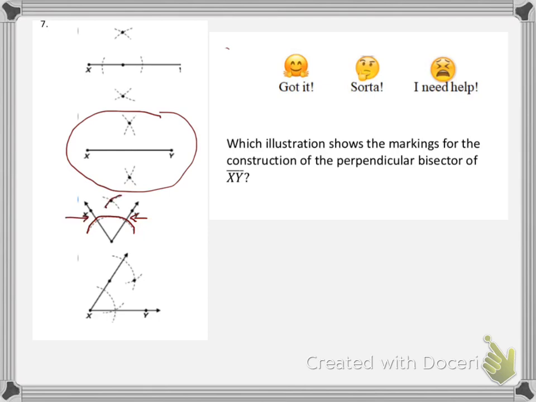Put your compass point here at the intersection and make the other arc, and then it ends up being an angle bisector. On the fourth one, I don't know what it is. I think it's probably, it looks like you're getting ready to draw parallel lines, and we'll be looking at that later on, so we haven't even gone over that. But just remember what a perpendicular bisector looks like.